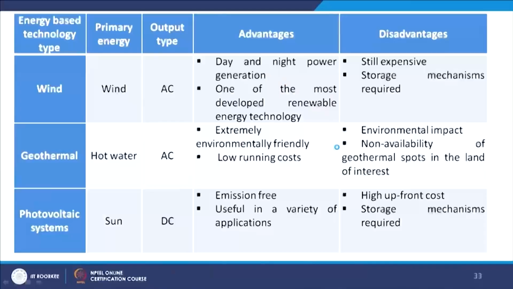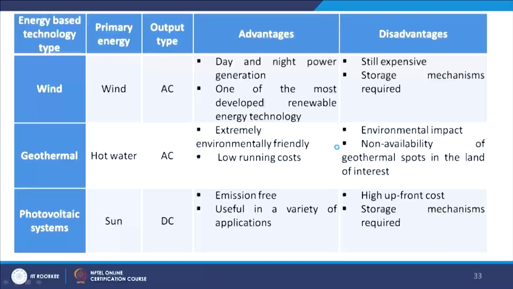Now, a very commonly used distributed generation in today's world is wind. The primary input is natural, which is wind, and the output type is AC. The merits are day and night power generation, and it is one of the most developed renewable energy technologies. Disadvantages: it is quite expensive, we need to have a storage mechanism, and it may be seriously affected, especially by climate disasters.